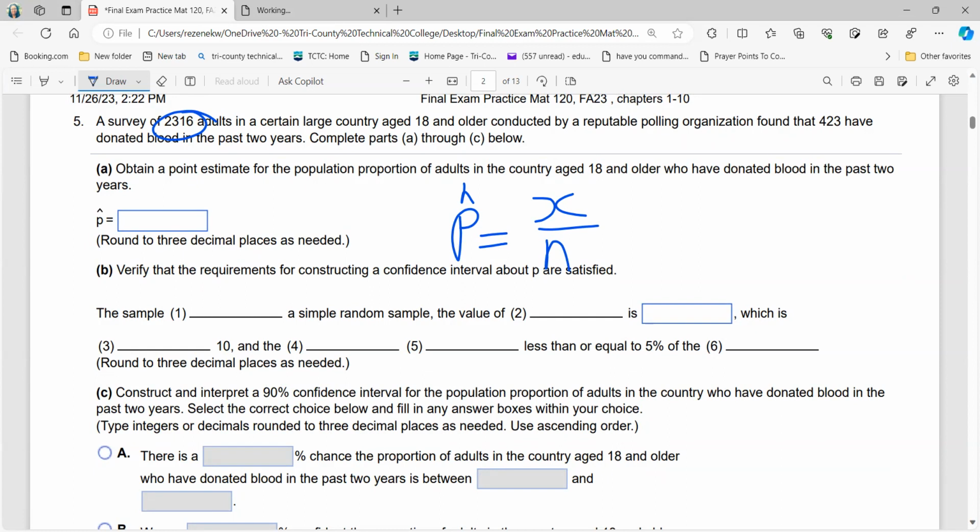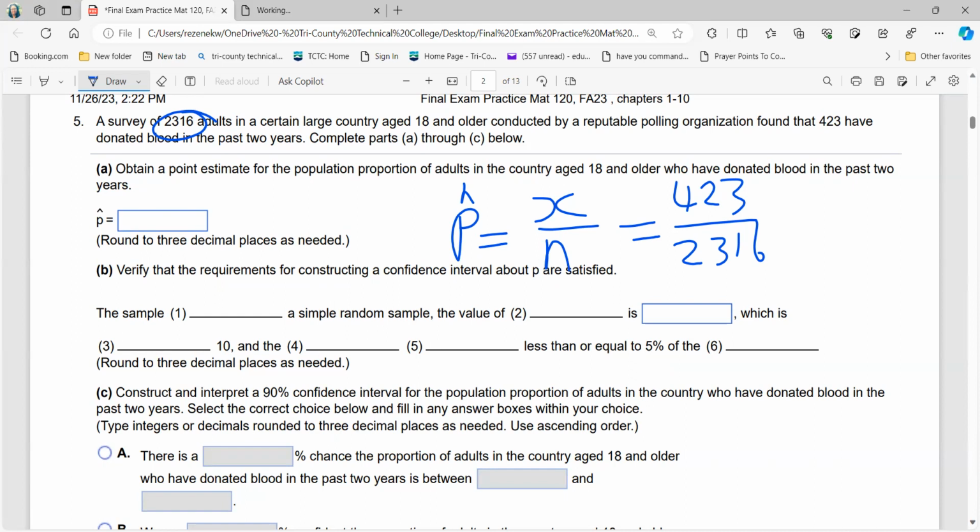So the most important thing here is the number who donated blood is 423 out of how many? 2,316. So the point estimate is the number who donated blood over the sample size. That's what you're looking for. And you're told to round your answer to 3 decimal places. So point estimate, remember, is a probability.